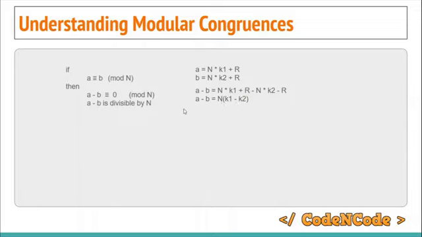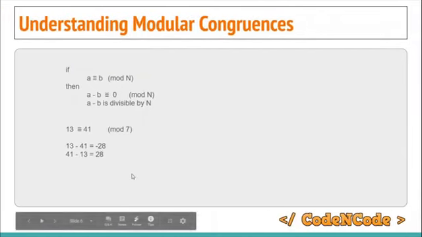If I take n to the left side of the equation, then (a minus b) divided by n is equal to k1 minus k2. Since the right hand side is an integer, n completely and evenly divides a minus b. That is, the difference of two numbers is divisible by n, and that is the proof. So if two integers are congruent to each other under some modulo n, then their difference is divisible by that number.